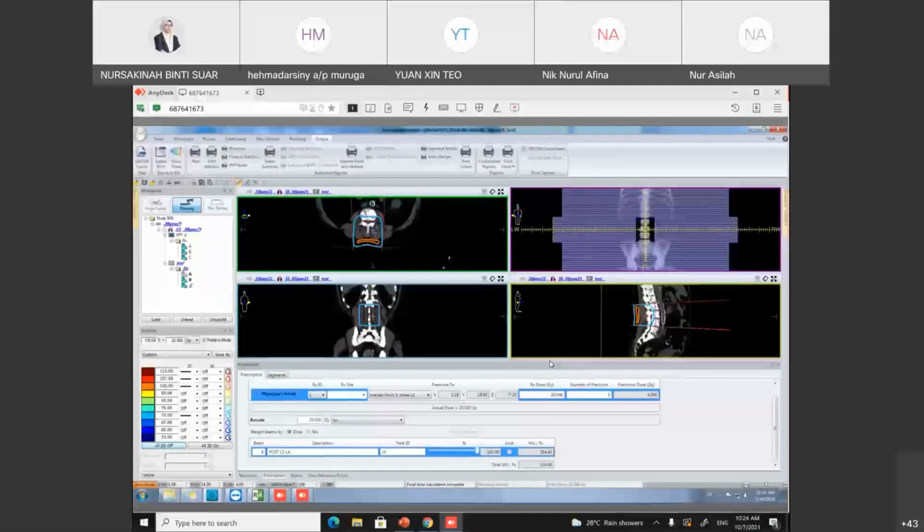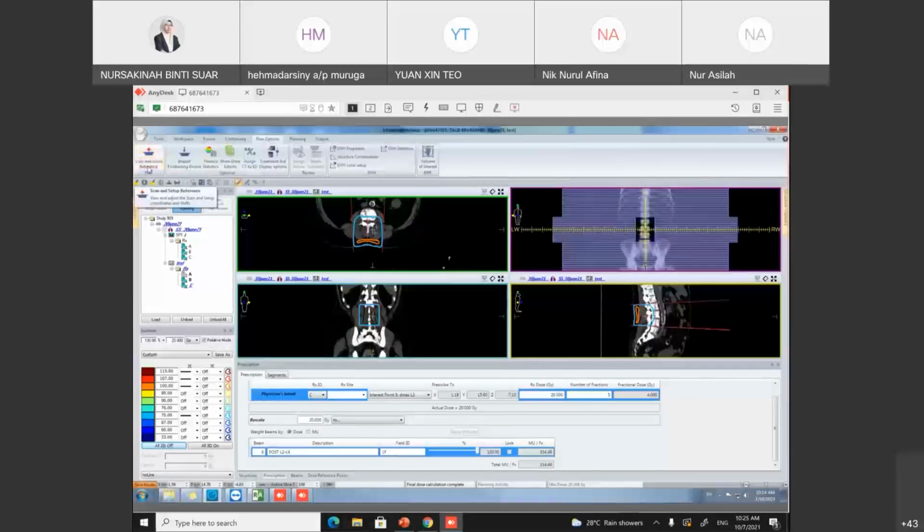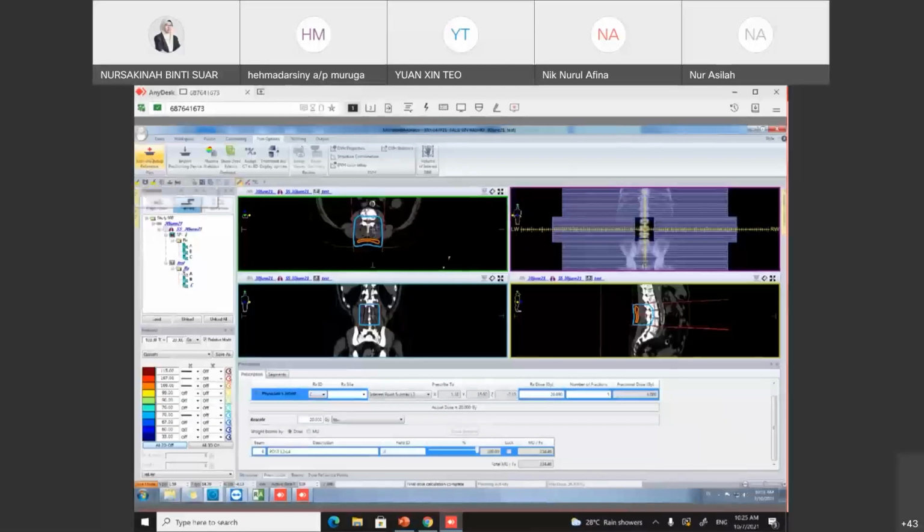So just now I had a question: does the origin be the same as the plan isocenter? For the L3 L4 case, remember when we first import our CT image, we already identify the origin.